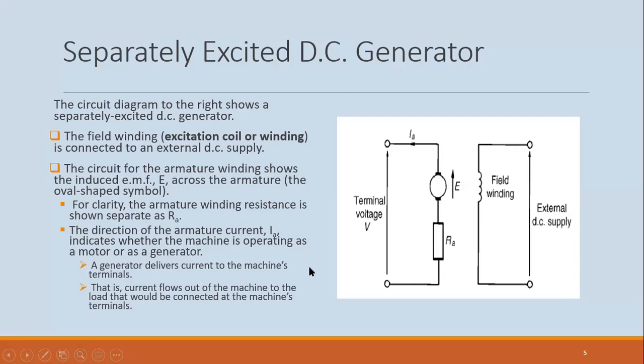All right. The direction of the current in the armature winding here will tell you whether the machine is a generator or a motor. The current is going out, so the generator delivers current to a load. The load will be connected across here, so the current will be flowing out into the load.